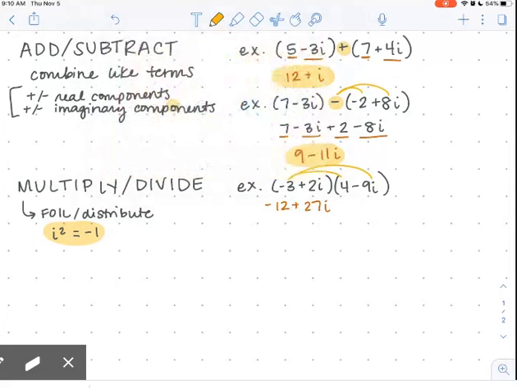Then I'll distribute this 2i. So 2i times 4 is a positive 8i. And then 2i times -9i will be a -18i squared.